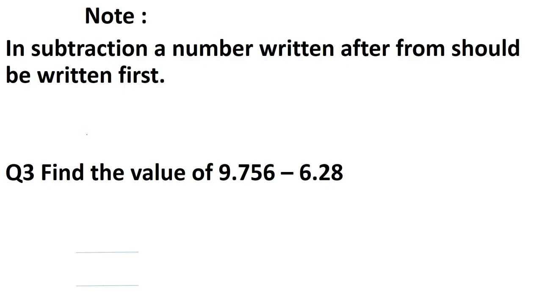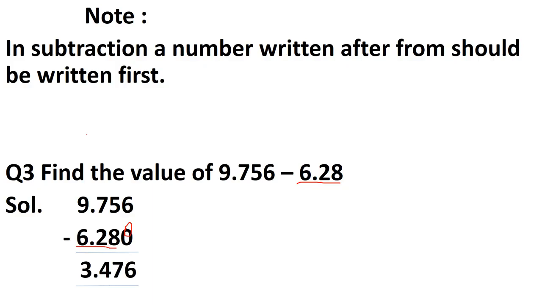So we have to write the first number first and the second number in second place. Now see, here it is given only 6.28, but this place was vacant, so here I have written 0. Here 0 will come. When we subtract, your answer is 3.476.